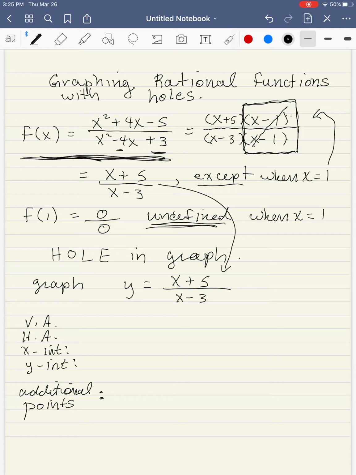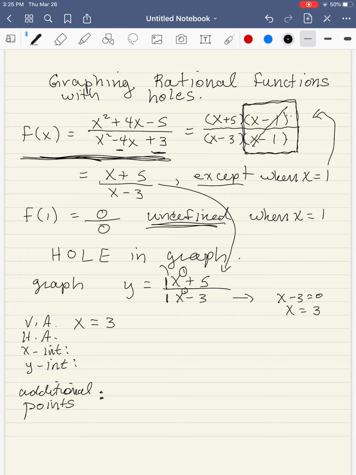Okay, so for my vertical asymptote, I'm going to set the denominator equal to 0 and solve for x. So 3 is my excluded value, so my vertical asymptote is x equals 3. For my horizontal asymptote, I'm going to look at the degrees, and I see they are the same.